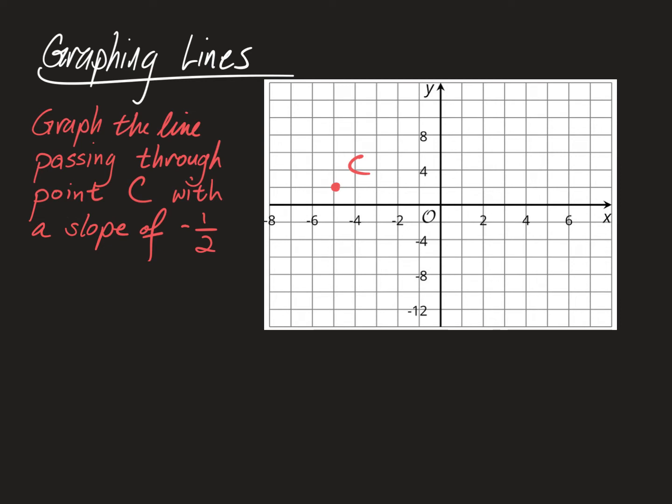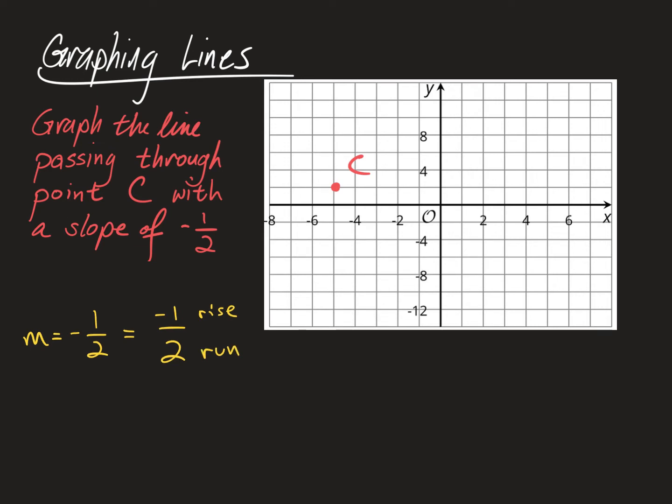So when the slope is -1 over 2, you want to just move that negative into the numerator. And what that will tell you then is your rise and your run.